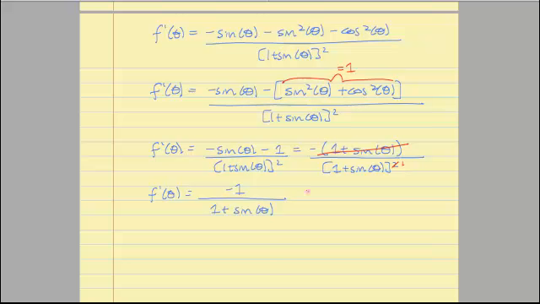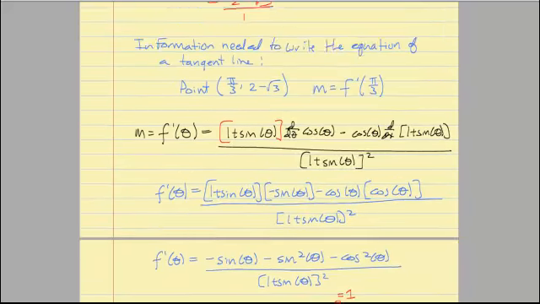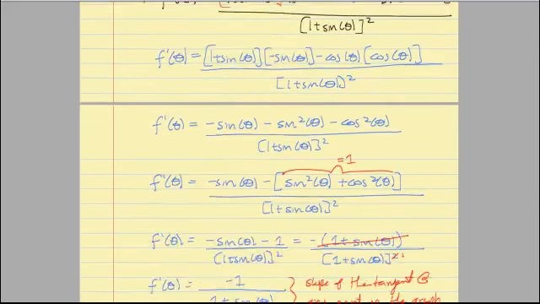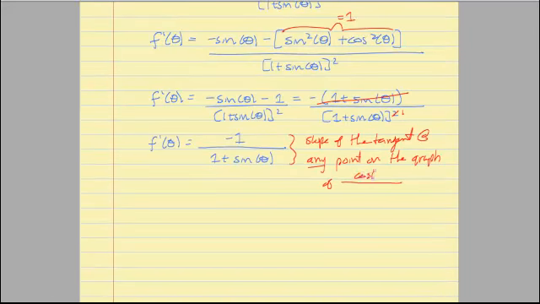Now, this is the slope of the tangent line at any point along the graph. And that's along the graph of, what was that? Was it cosine theta? Yep, cosine theta over 1 plus sine theta.